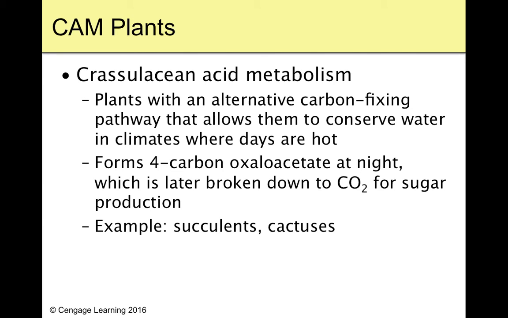And so these guys are going to form that same 4-carbon oxaloacetate that we saw in C4, but they're going to do it at night, which is cool because they can open their stomata at night and get the carbon dioxide with less water loss via transpiration because it's not super hot. Then in the daytime, they close their stomata because it is super hot.